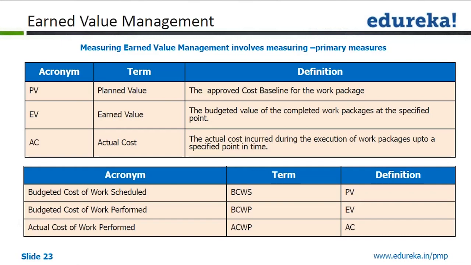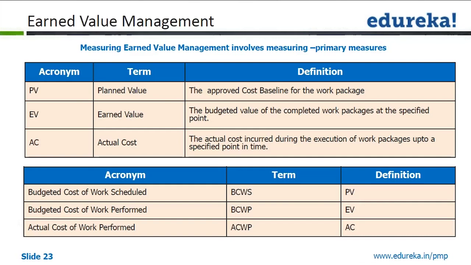Earned value is the budgeted value of completed work packages at the specified point. So 4 walls is 1000, so 1 wall is 250 rupees. If you have completed 1 wall, then you have earned 250 rupees. If you have completed 1.5 walls, that means you have earned 375 rupees.